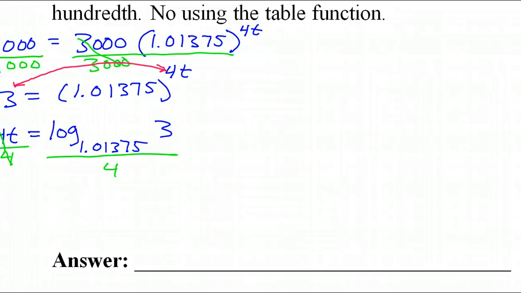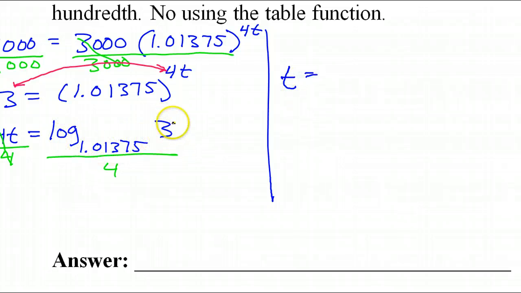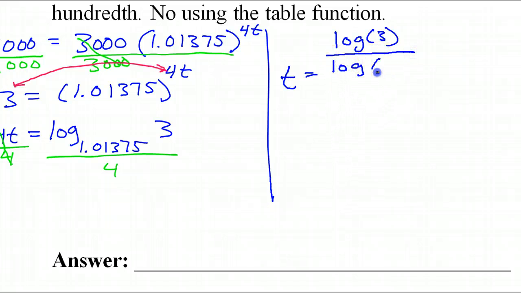Now you will need to do your change of base to get this done. You can't type this directly in your calculator, so this blue part up here, you have to type it as log 3 over log decimal. So I will do log 3 over log decimal.